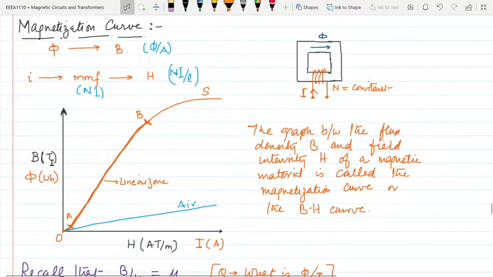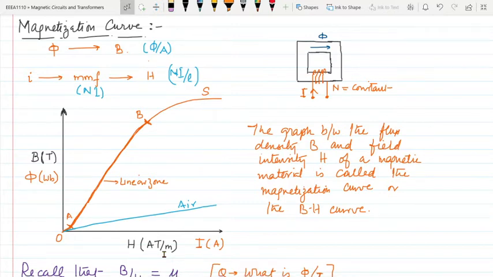So the BH curve over here is the relationship between the magnetic flux density B, which is in Tesla, and the magnetic field intensity H, whose unit is ampere turns per meter or ampere per meter.